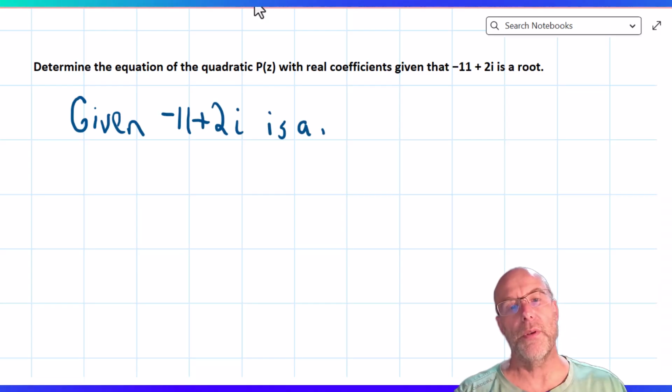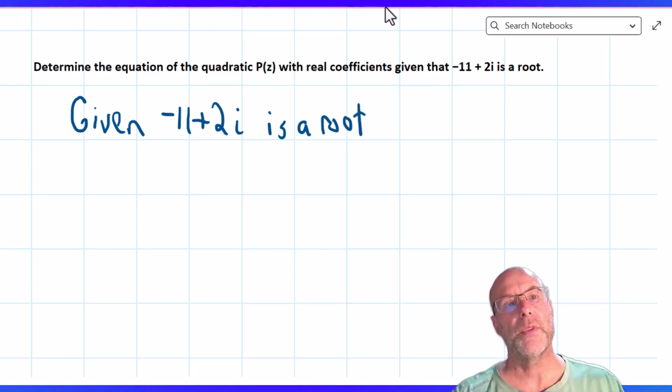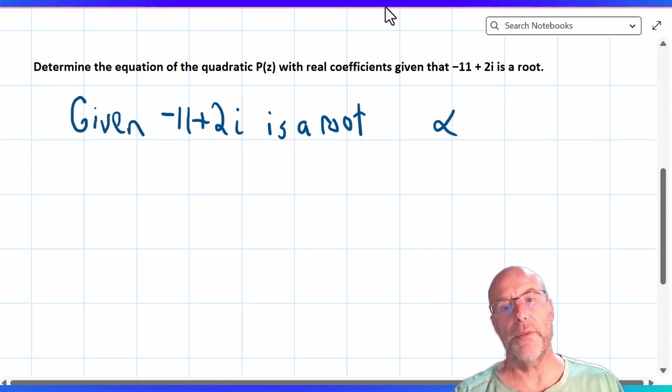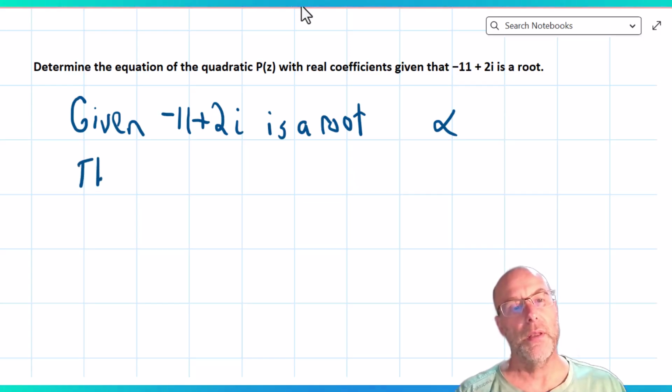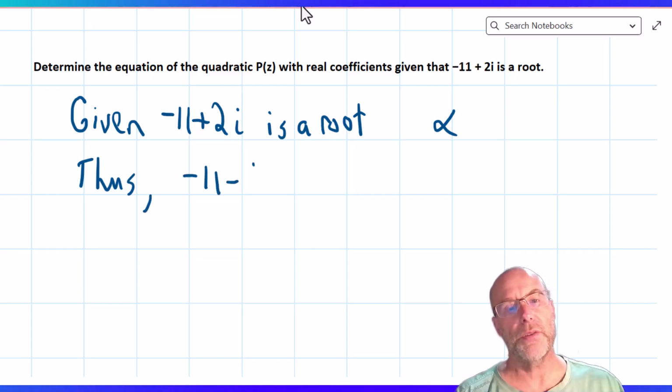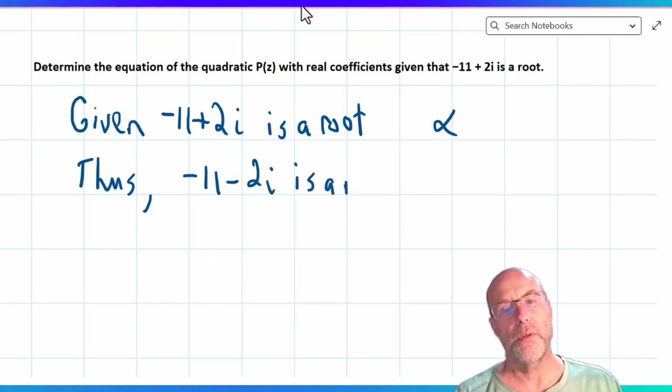Just to give it a name, I'll call it alpha. The complex conjugate root theorem says negative 11 minus 2i is also a root. Let's call that beta.